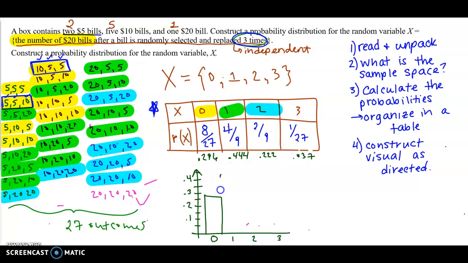We'll do something like that. And then 0.2 repeating, something like this. And then 3 is 0.037, which is just a little bit lower than 0.05. Right? Skewed right.